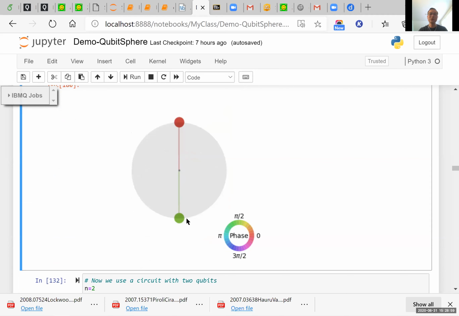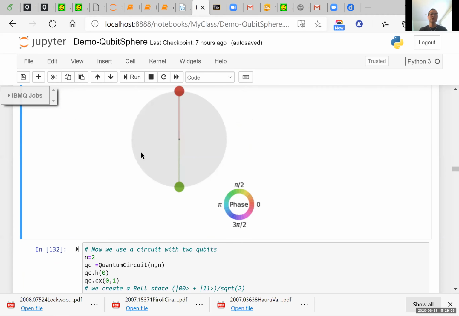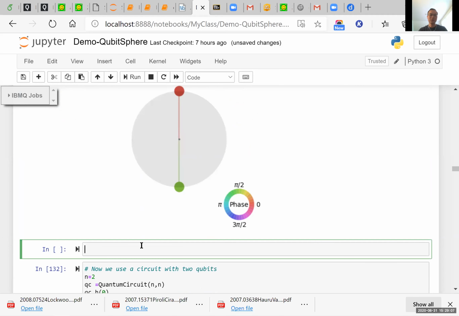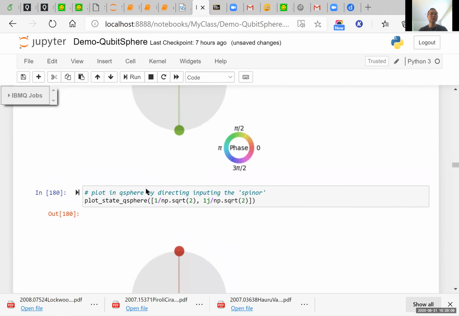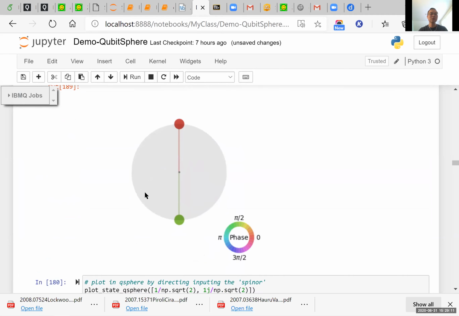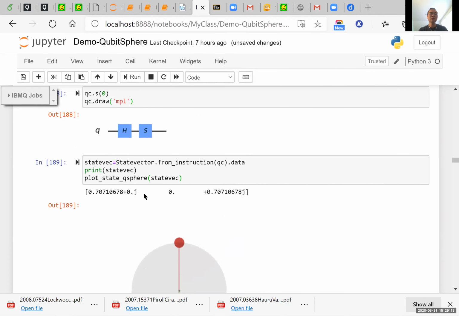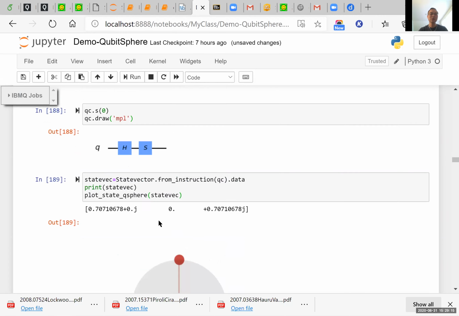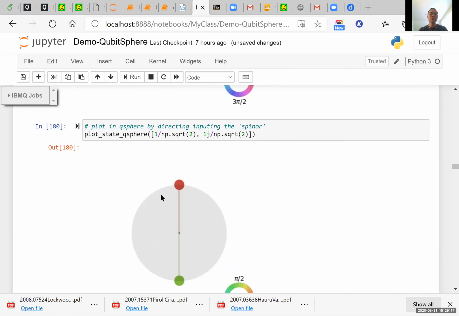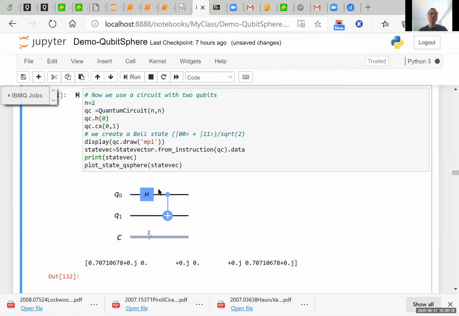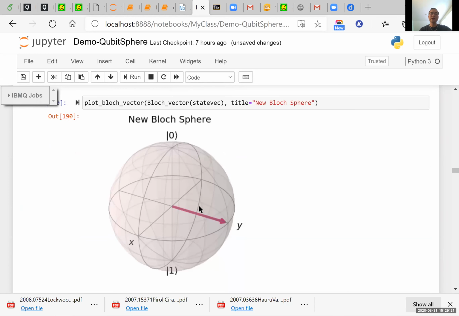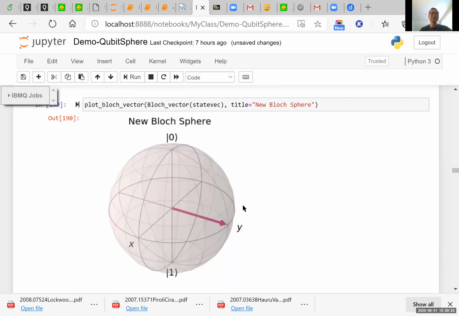It's pi over 2, so it's really I. But I can also plot using the Bloch sphere. Did I execute? Yeah, okay. I plot this, so this will be the I state.